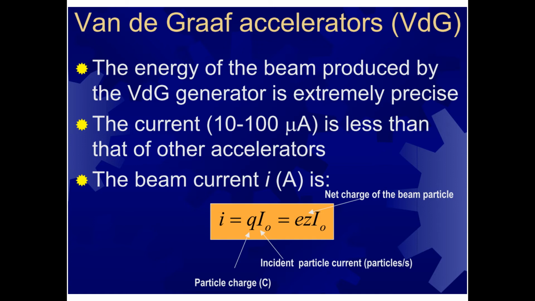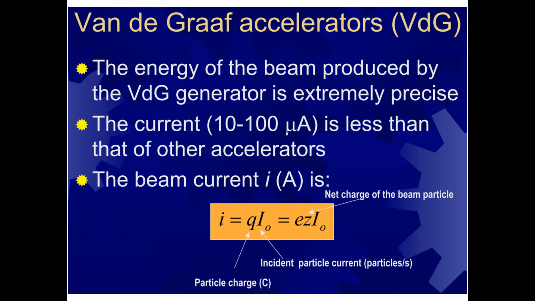The energy of the beam produced by the Van de Graaff generator is extremely precise. This is one of the great advantages of Van de Graaff accelerators. Similarly, the current, which ranges from 10 to 100 microamperes, is less than that of other accelerators.